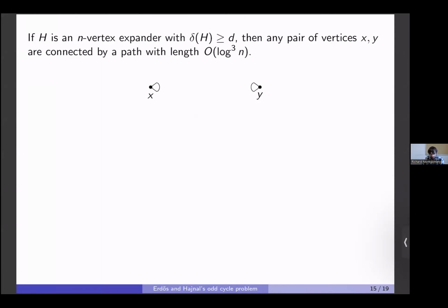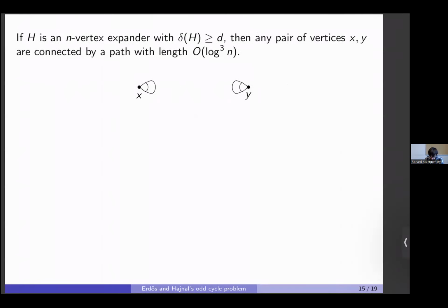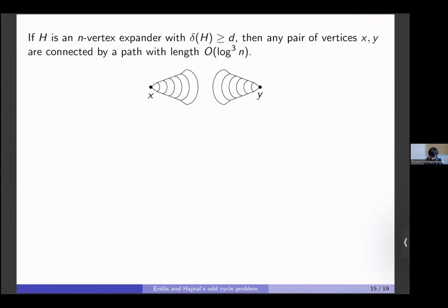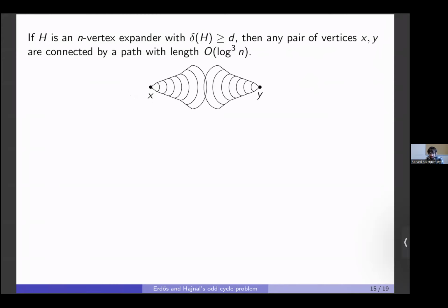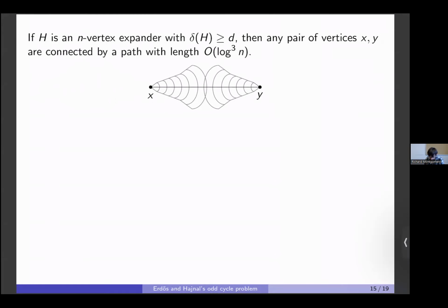And once we've looked at that, we can then start applying the expansion condition to show that these neighborhoods are growing in size. So we have these wizard hats, and eventually these will overlap within the set, and I can find a path of length of the order of log cubed n.